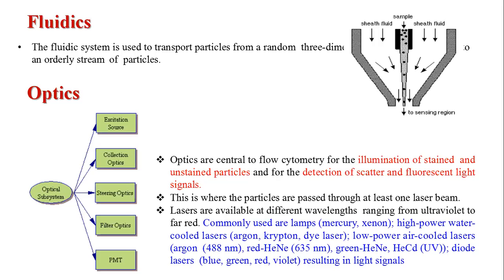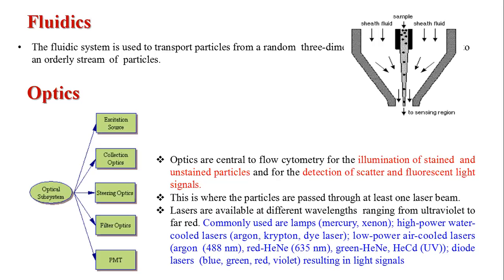And here you can see that the optic system is composed of 5 different subcomponents or subsystems. The first one is the excitation source, the next one is the collection optics, then steering optics, filter optics, and PMT, the photomultiplier. So optics are central for flow cytometry for the illumination of stained and unstained particles.